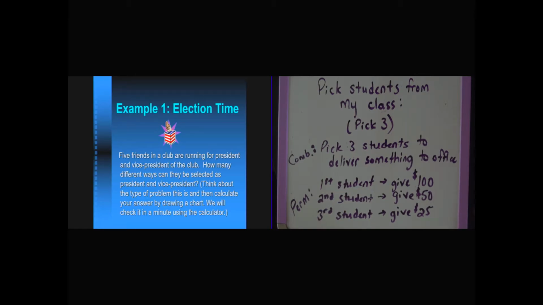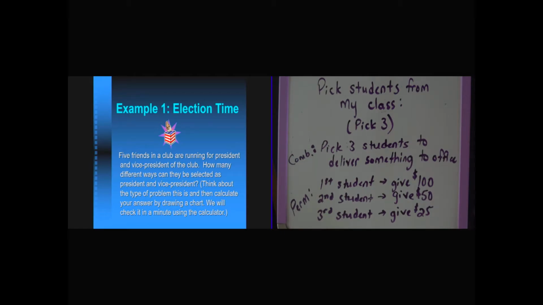Okay, and so from there, remember, you have to decide, is this one of those problems where the order that you choose the people matters or not? So the first person you choose, think about what that's going to be. The first person would technically be president, right? And then the second person would be vice president.